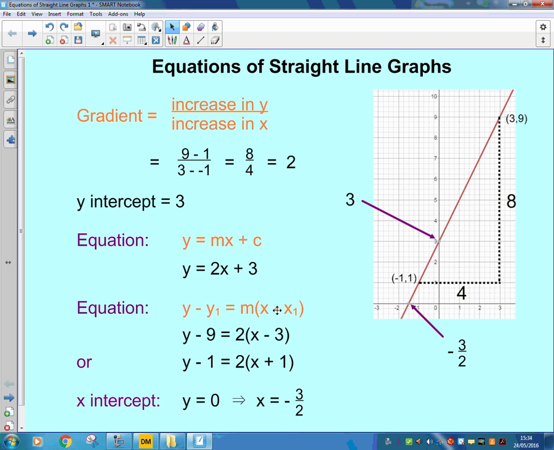It's often the quicker one to use. If you want to sketch the line, then you will need to know both intercepts. To find the y-intercept, you put x equals 0 and work out y. To find the x-intercept, you put y equals 0 and work out x.